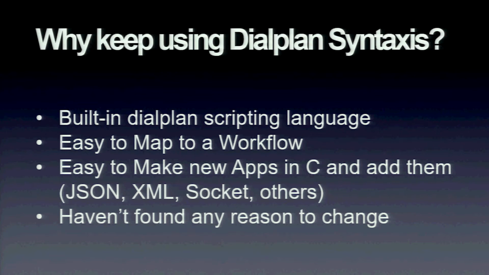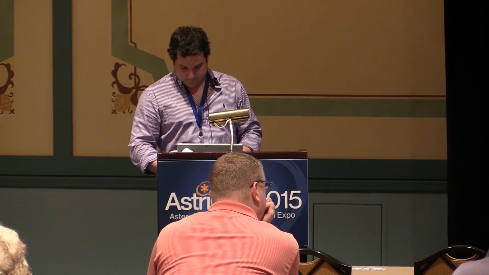For example, we made some very useful applications that are used like any other Asterisk application, such as JSON parsers, XML parsers, and socket communication with other systems. They just do the parsing and convert to Asterisk variables, so you can have them in your workflow, in your dial plan. We haven't found any other reason to change from that built-in dial plan scripting language.